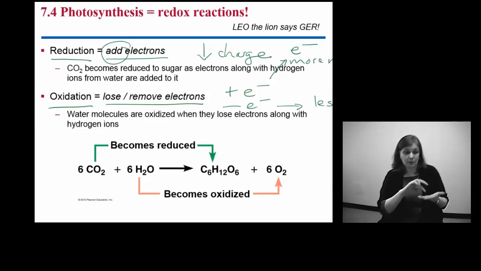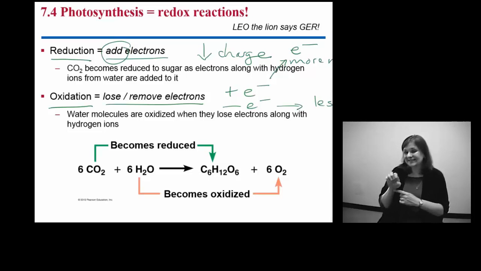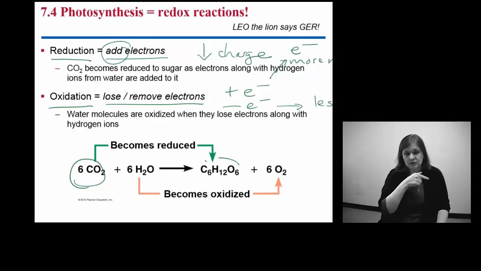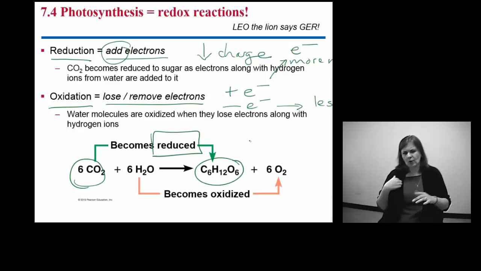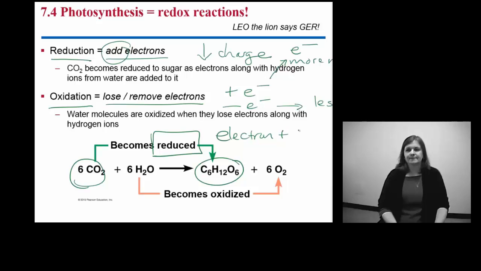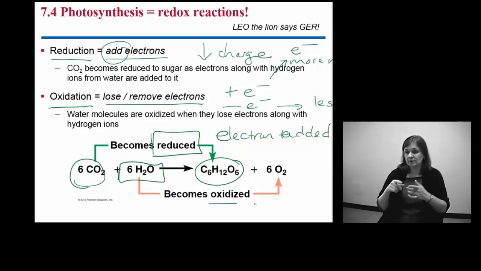So this redox, or reduced and oxidized reaction, looks at the reduction of carbon dioxide to glucose. So if we have reduced it, what have we given to it? Right, an electron. If we've oxidized water, what have we done to it?